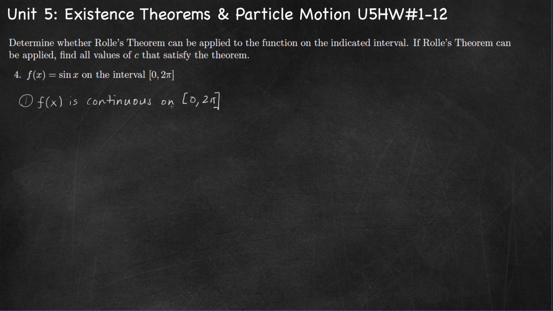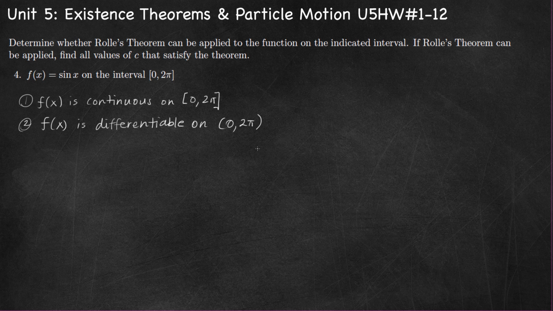You could also say it's continuous from negative infinity to infinity, but we don't need it to be continuous everywhere. We just need it to be continuous on our closed interval from 0 to 2 pi. F of x is differentiable on the open interval from 0 to 2 pi, and it's actually differentiable on the closed interval, but again, we don't need it to be differentiable on the closed interval, we just need it to be differentiable on the open interval.